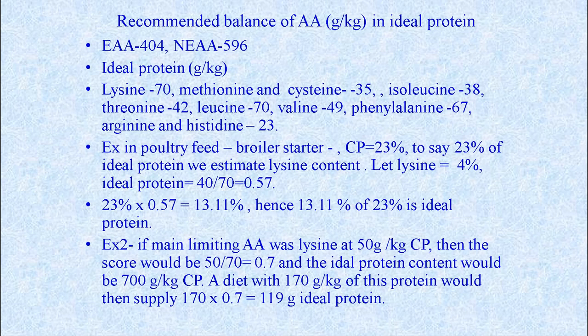So the requirement of the cattle is like this: lysine 70, methionine and cysteine, isoleucine, then threonine, valine and phenylalanine. So this is the method by which we can estimate the quantity of actual protein present in a source of true proteins.